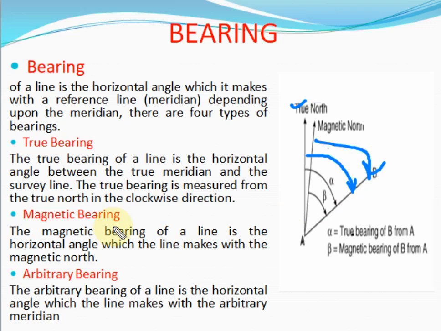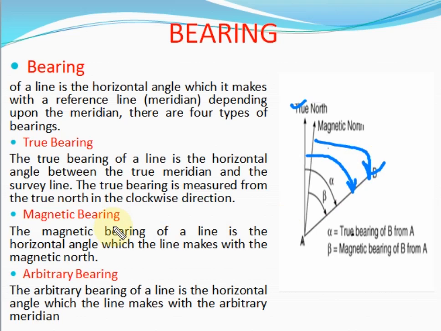If you survey the ground surface, the tallest thing there is our tallest building. If you consider that building as north, then from that north to any point on the ground, that angle is nothing but the arbitrary bearing.